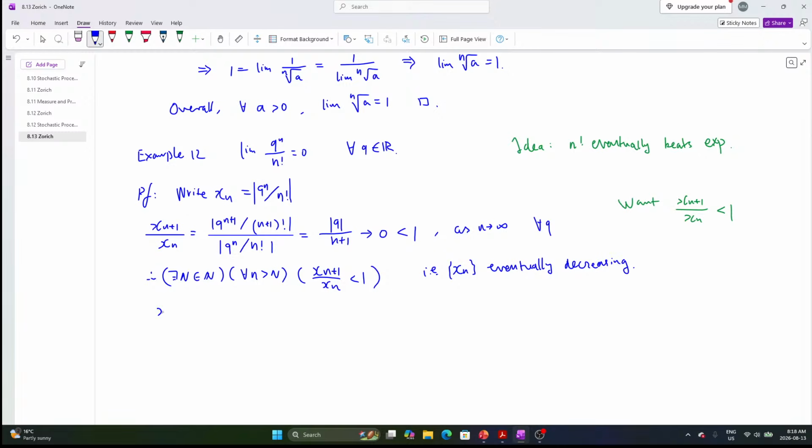And obviously xn is bounded below, since xn is greater than 0 for all n.